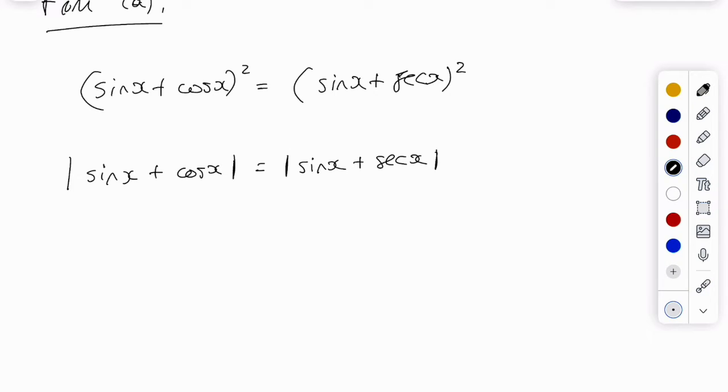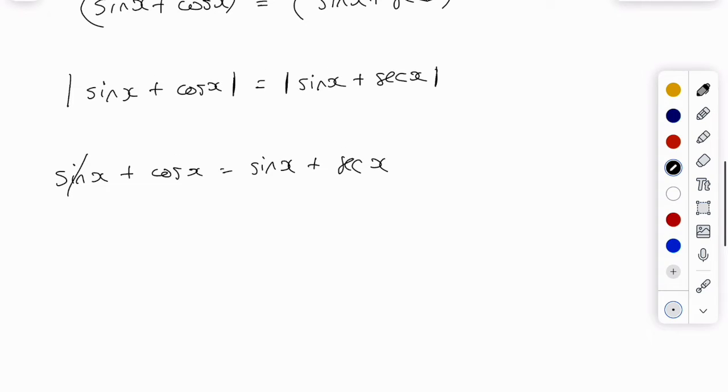And so from that, I can say that sine x plus cos x is equal to sine x plus sec x. And what does this tell me now? Well, we can just solve from here. We can cancel out the sines, so cos x is equal to sec x.